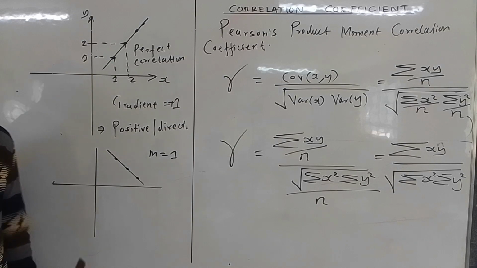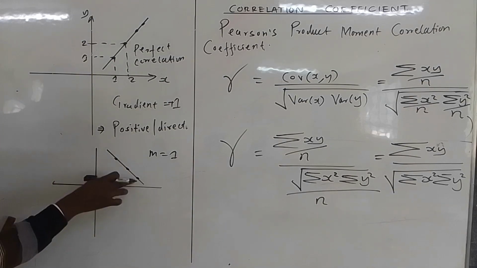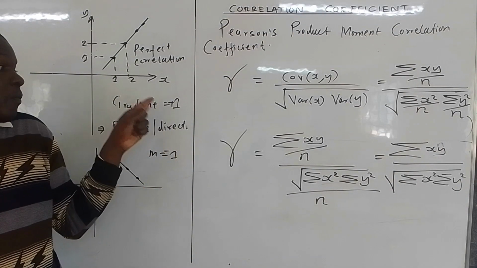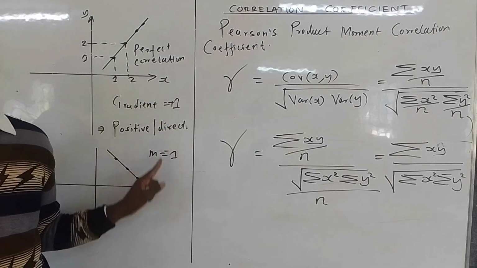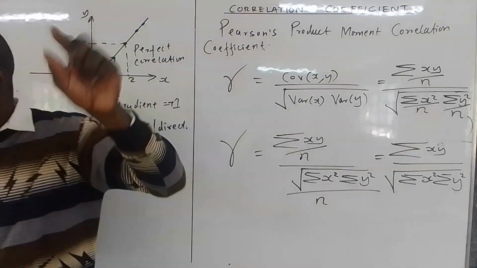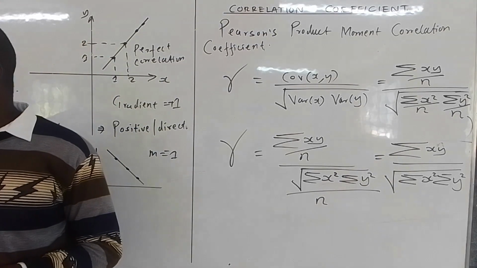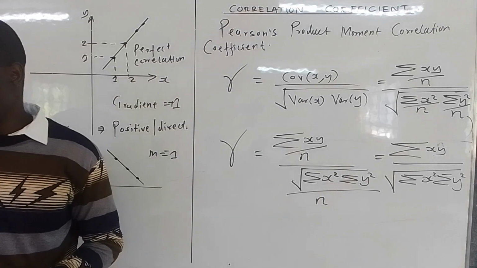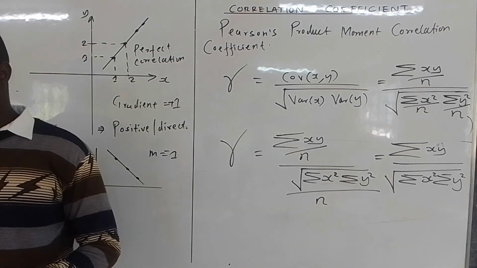But now, in this case, if you find the gradient to be negative, you know that a gradient of 1, when you leave the sign alone, shows all the points are on the line, isn't it? So when it is negative, it is said to be negative or inverse. Are we together?